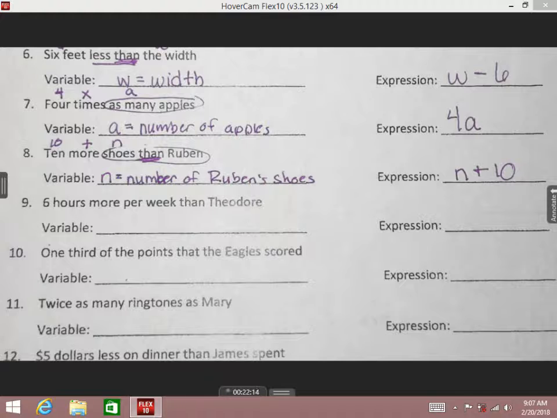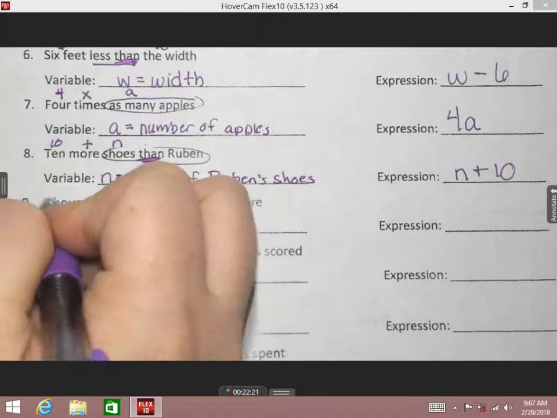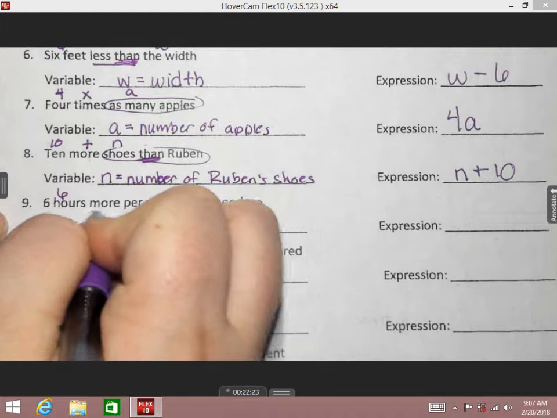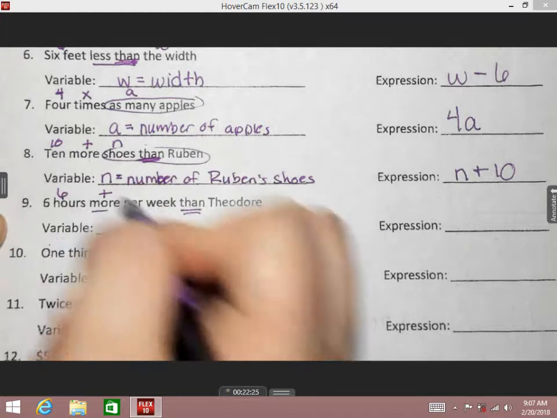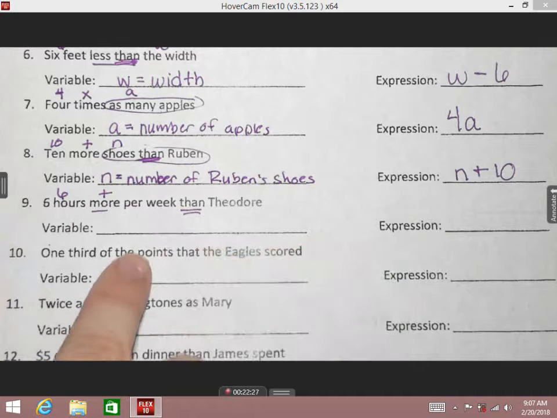All right. Number 9. 6 hours more per week than Theodore. So again, there's my 6 hours. More than means addition. So what is it we're missing? What am I missing? Faith?